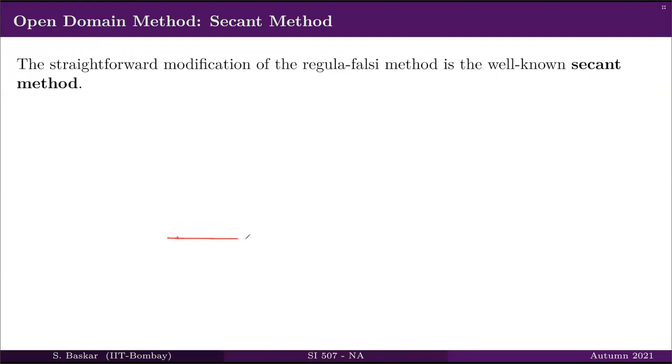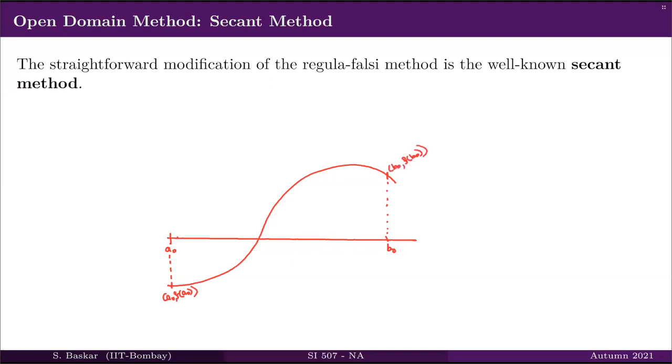Recall, in the regular false position method, we first have to locate the root of the equation f(x) = 0 in an interval, say a0 to b0, and then we draw the line joining the points (a0, f(a0)) and (b0, f(b0)), and see the point of intersection of this line with the x-axis. We call this point of intersection x1, and that is the first term of our sequence.